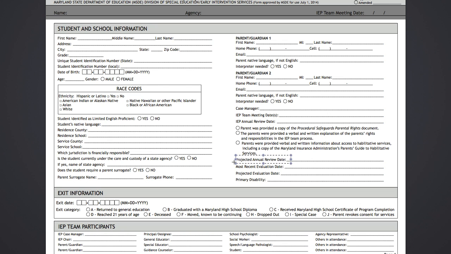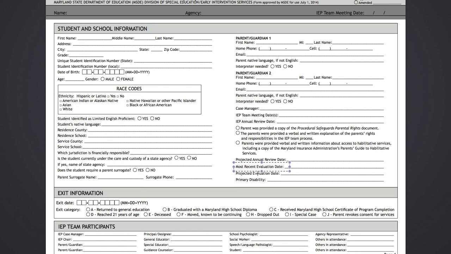The most recent evaluation date indicates the date that the student's IEP team met to consider existing data, information from parents, or additional data to complete the evaluation of the student to determine whether or not they were eligible or continued to be eligible for special education services. So let's pretend, for the sake of argument, that for this student, the most recent evaluation date was May 30th, 2014.